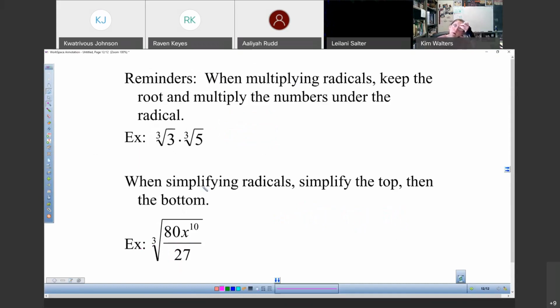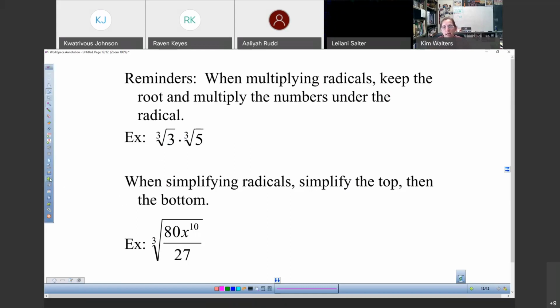All right, so 2 more examples, and then we are done for a Friday morning in June. So same thing here, we're going to keep this radical. Sometimes it's one thing when we've got variables underneath there, but something happens when we start talking about cubed roots and numbers, and we think we need to do something with those roots, but we don't, okay?